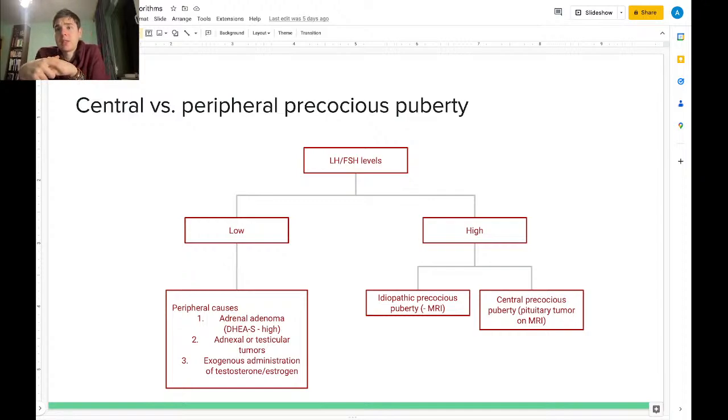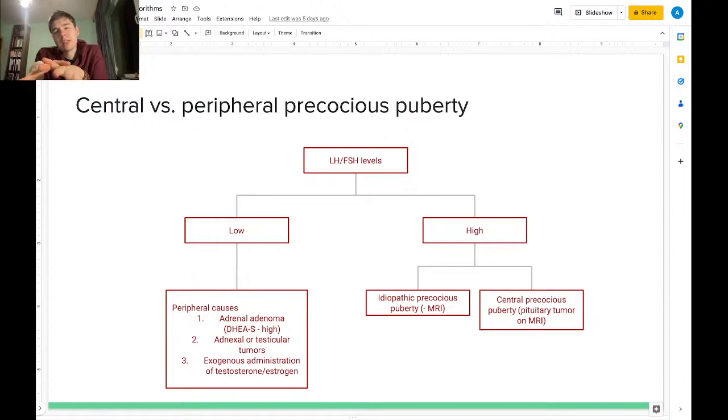We can see these in the clinical vignettes with athletes. There might be females that are actually muscular, or they might be cyclists. Usually in the clinical vignettes, it is stated that they are aggressive.